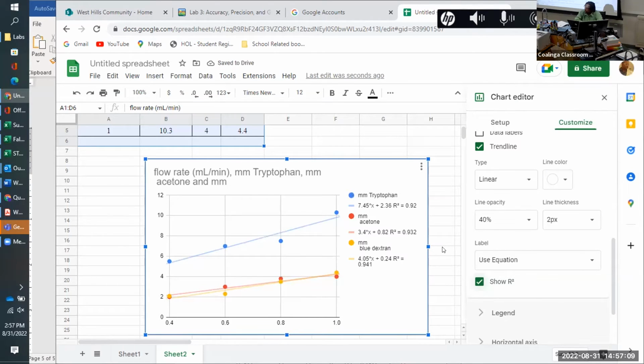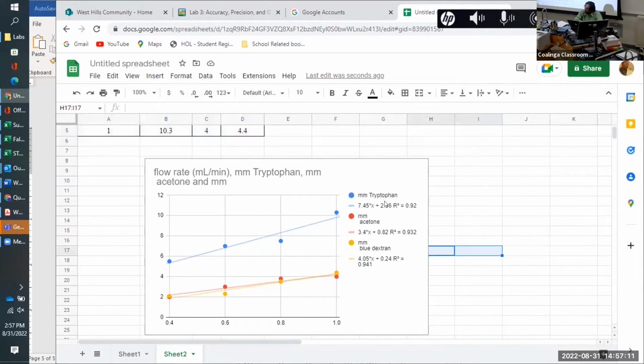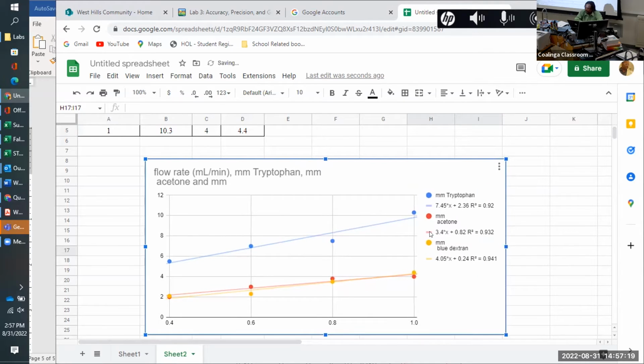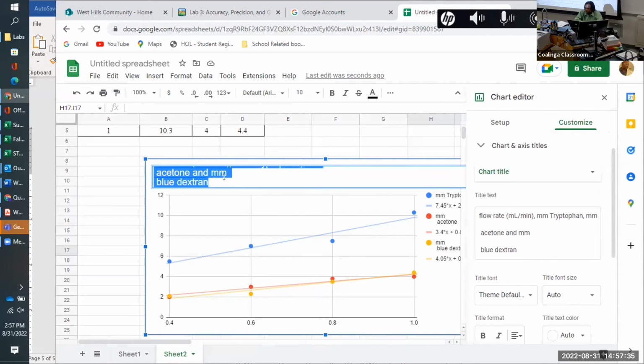So you guys see, I basically did all three series on one graph, and it provides me the equation for each of the different lines. Of course, I'm going to change this label because it's all screwed up.